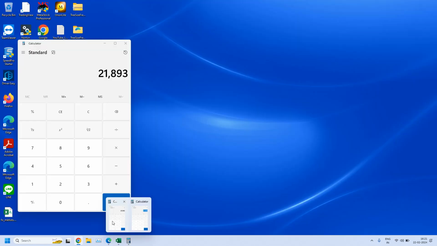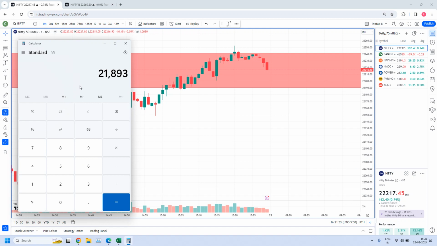So let me take the calculator. This is the equity value minus 22,190. Actually, we have to calculate 22,190 minus 21,893, but we are calculating in a reverse way. So we get a negative value, not a problem. After that, we will change it to a positive value. So 22,190 minus 21,893.